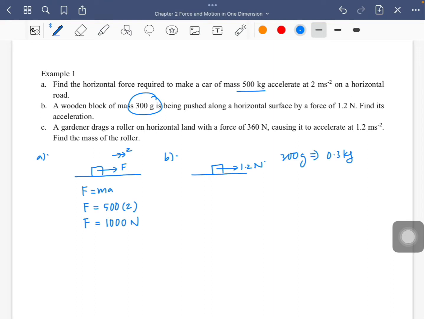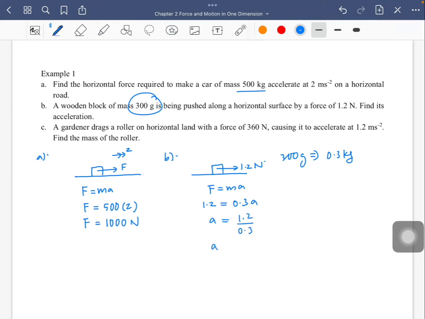So again we're going to use F equals ma. The force applied to the object is 1.2, and the mass given here is 0.3 in kilogram, multiplied by acceleration. So acceleration is equal to 1.2 divided by 0.3.